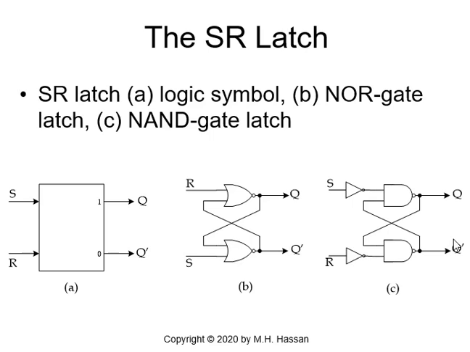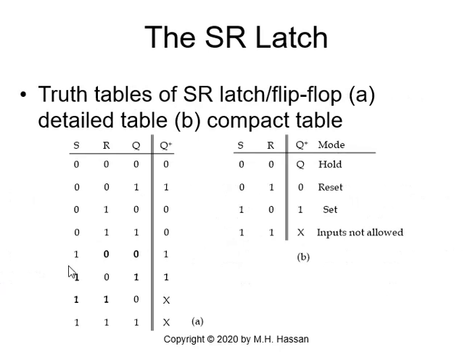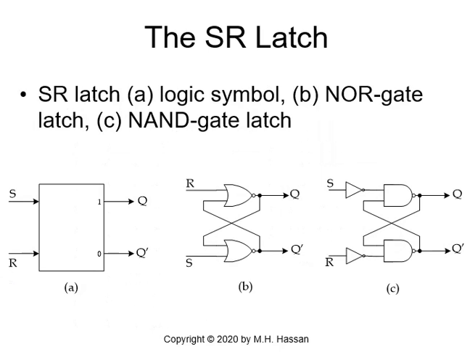So Q prime will be 0. And this proves the row: Q changed from 0 to 1. So in this row 1, 0, 0, Q plus is 1. Okay, let's do it when Q is 1. Let's see, it must remain 1.